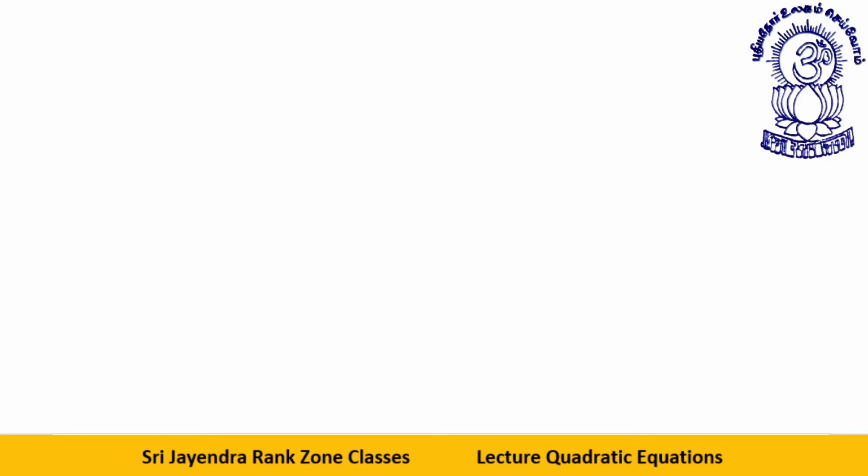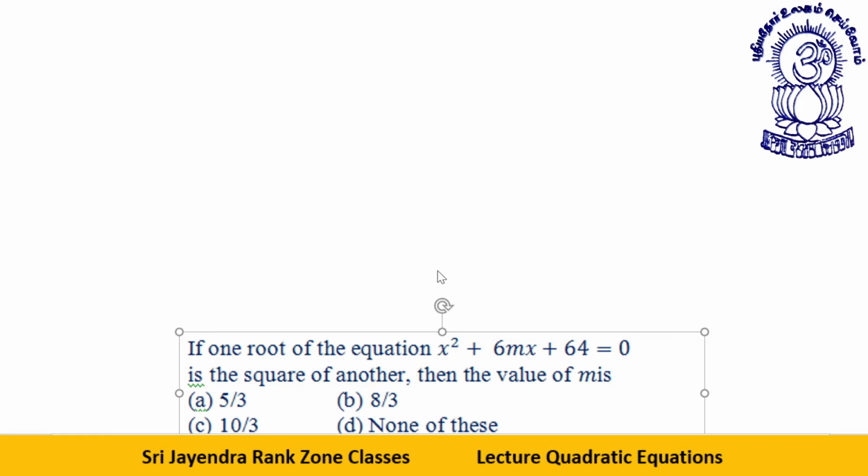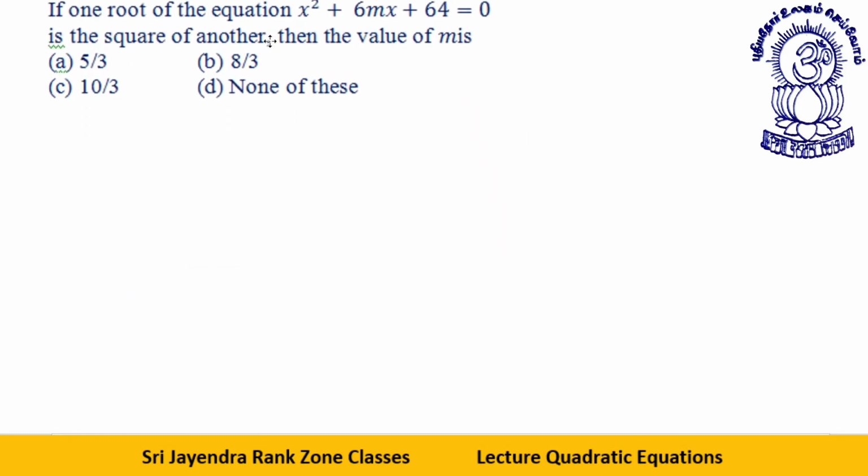I hope everything has been clear so far to all of you. If one root of the equation x square plus 6mx plus 64 is equal to 0 is the square of the other, then the value of m is? One root of the equation is square of the other.